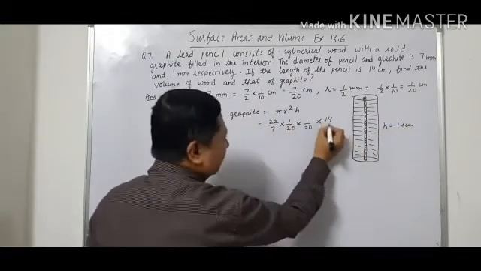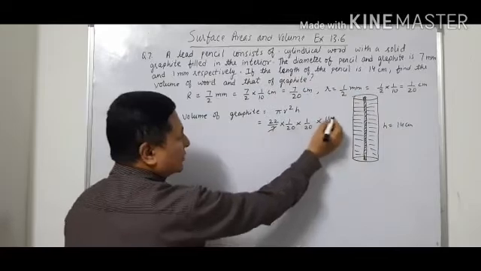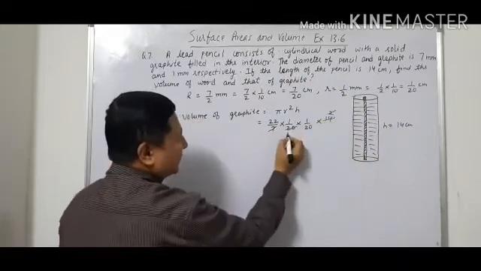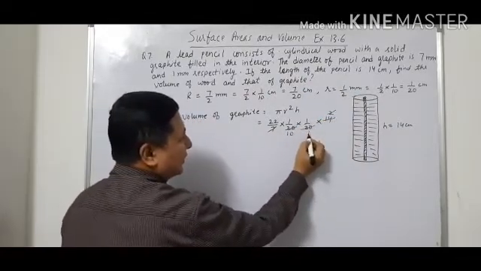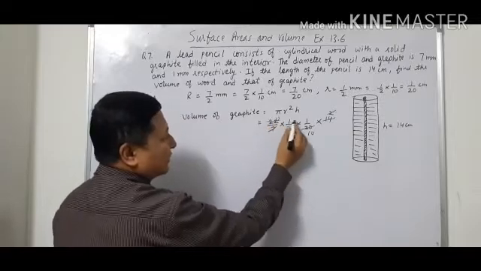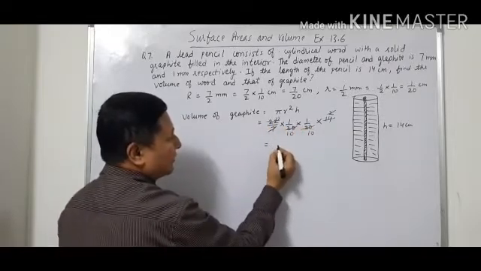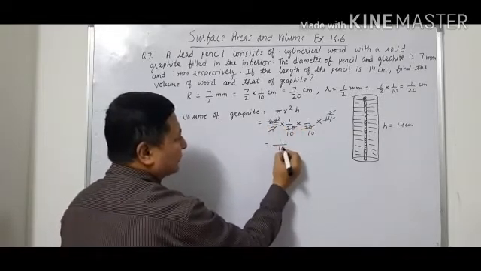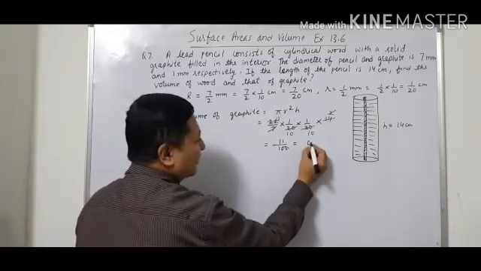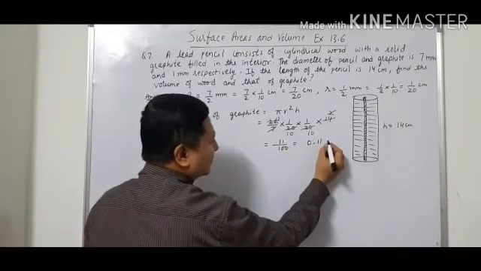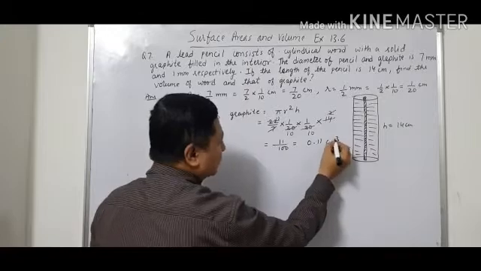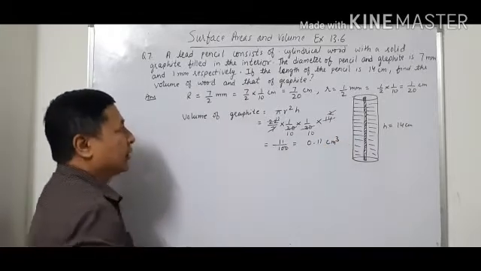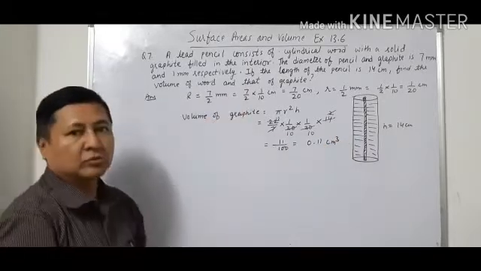So 7 twos are 14, then again 10, so again 10. This is 11. So 11 into 1 into 1 becomes 11 upon 100, and when we solve it, 0.11 centimeter cube. This is the volume of graphite.